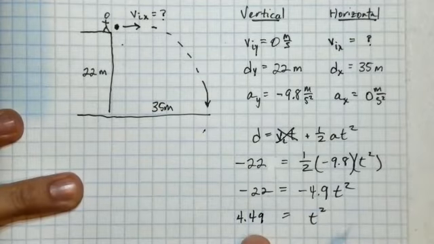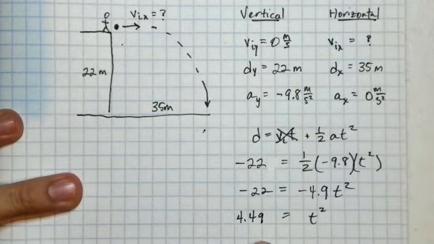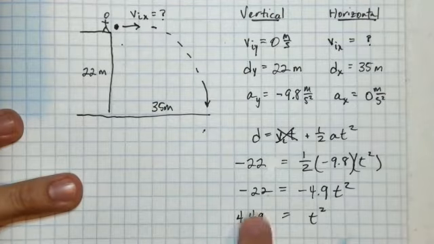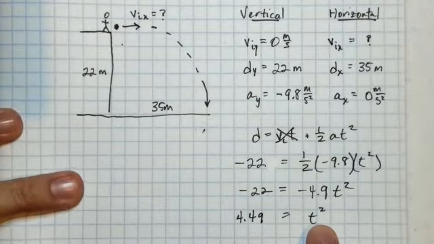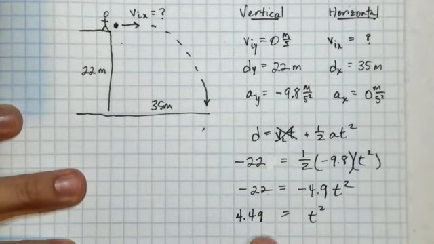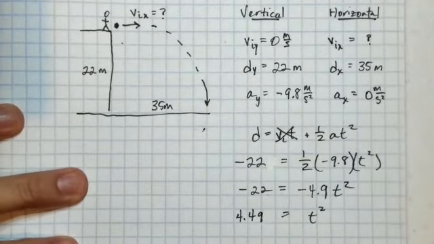4.49. I'm not going to write down all of the numbers here, but I also want to use the number in my calculator, which goes on and on and on, in order to solve for time, because there's no reason to round until the very end.